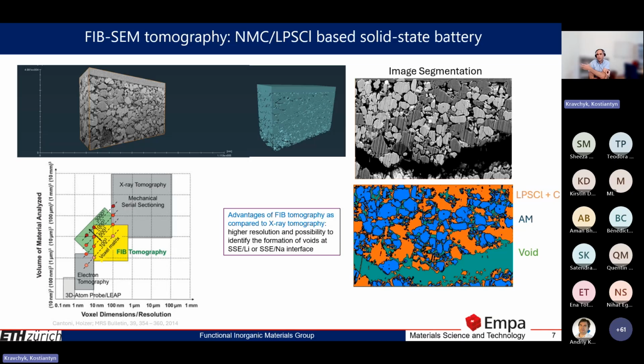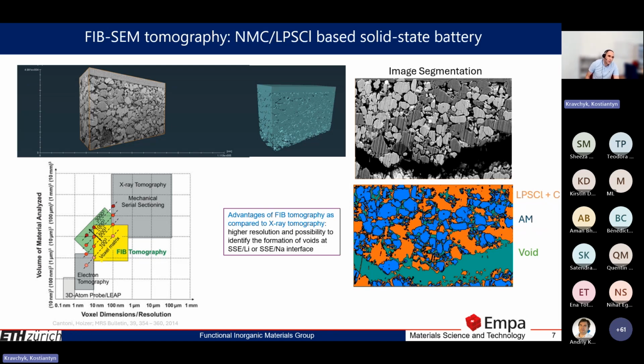What I would also like to emphasize is that here you see a comparison of FIB tomography with other tomographies. In principle, when you talk about the resolution, FIB tomography has a sweet spot because it is quite precise.